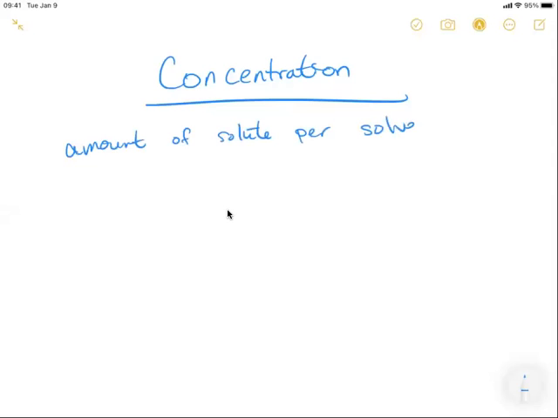per solvent. And I'm going to explain two different quantities to measure concentration in. That is going to be molarity and molality. They're very, very similar, but they represent two different quantities, like I said. So we have molarity.